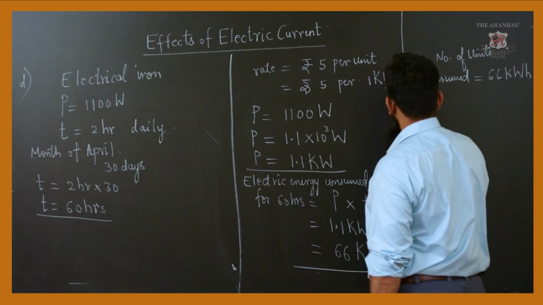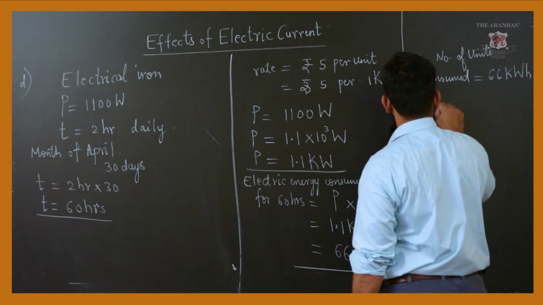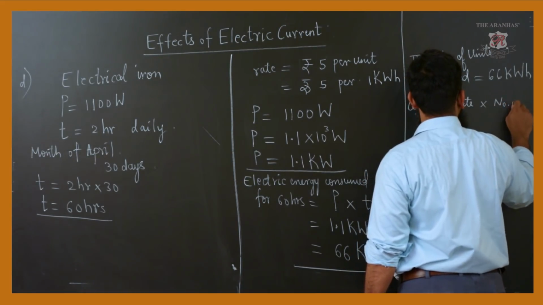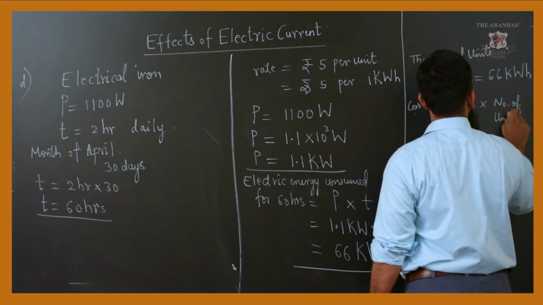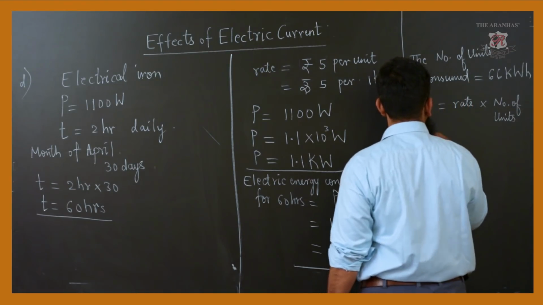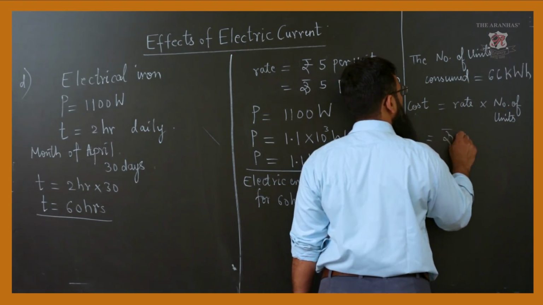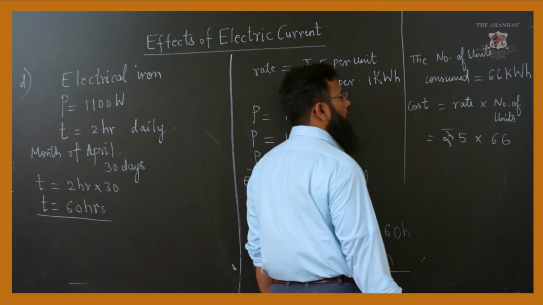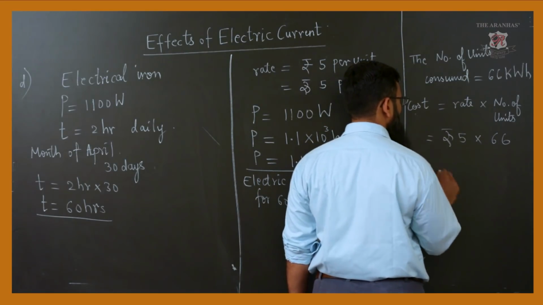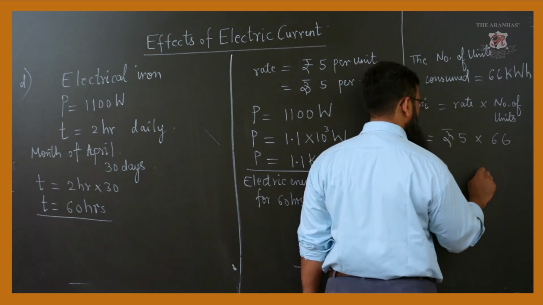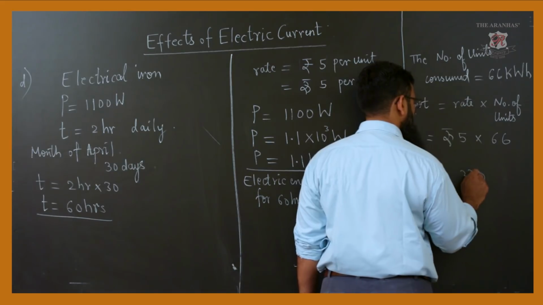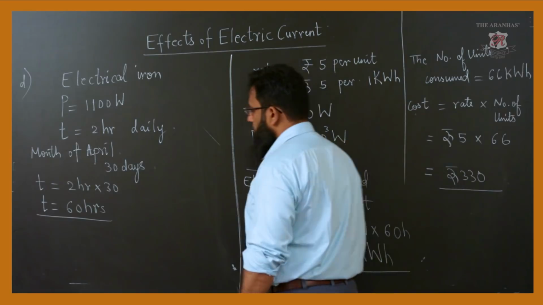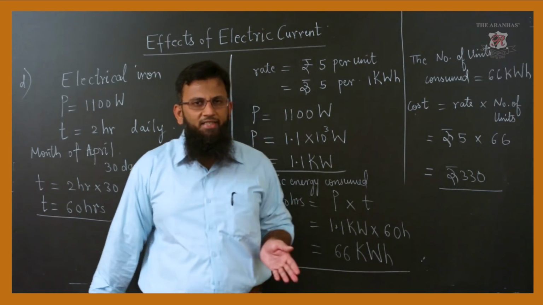So cost will be rate into number of units. So we know the rate is 5 and into the total number of units consumed. So the answer comes out to be rupees 330.